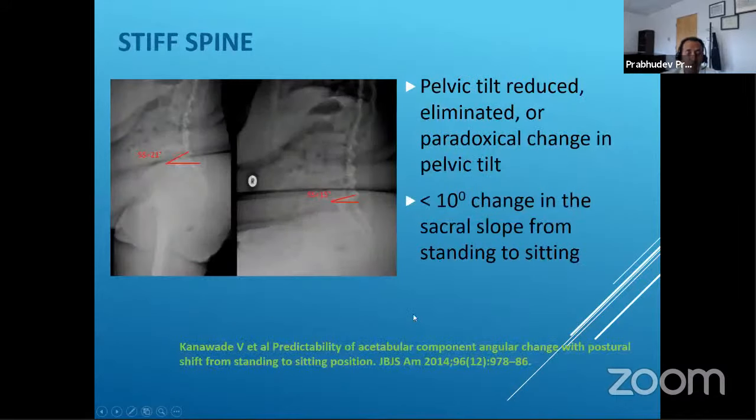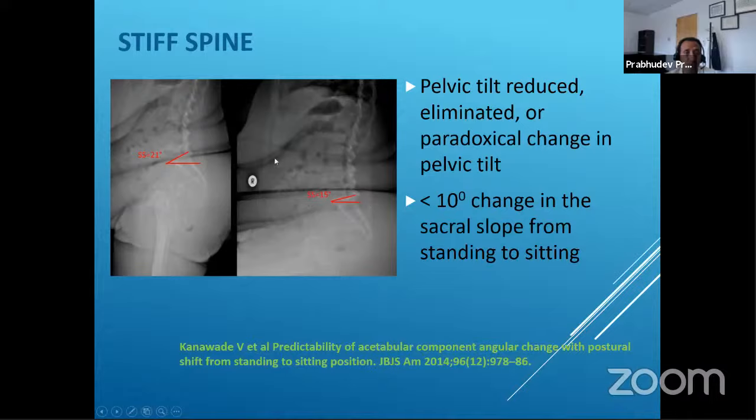So in stiff spine, again, there are different definitions. One of the common ones is if the change in the sacral slope is less than 10 degrees when the patient goes from standing to sitting position, that can be defined as a stiff spine.